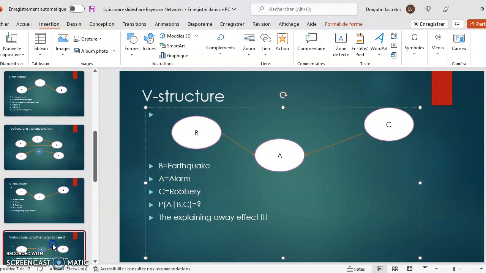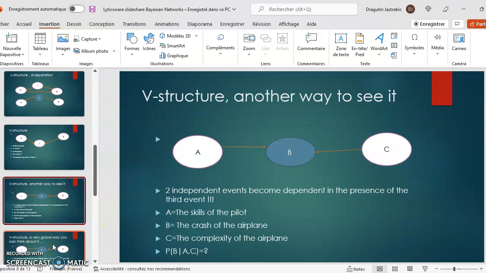This is not the only way to see the V structure. It is more global. For example, I took this example from Wikipedia. I didn't really like this example, but never mind. You can see that B and C are two independent events, and then become dependent in the presence of the third event.